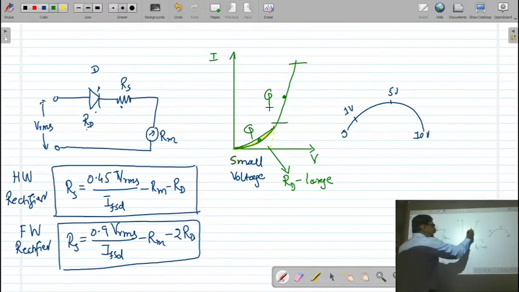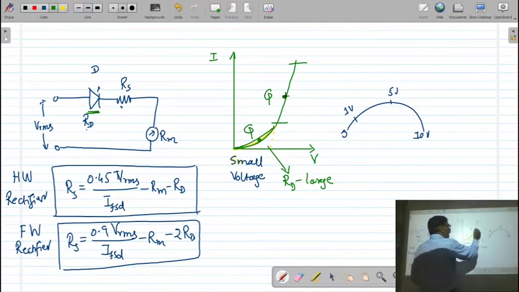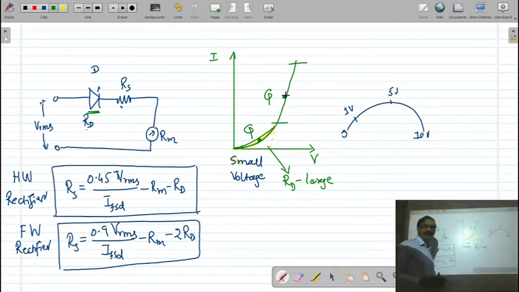So the Q point is here in the sense that the current through the diode should be large. So we have to change the circuit in such a way that the current in this diode will increase, meaning the Q point is now shifted from the non-linear region to the linear region.